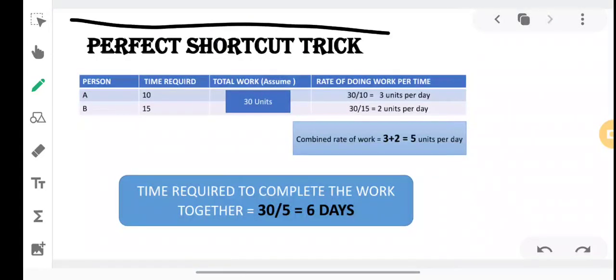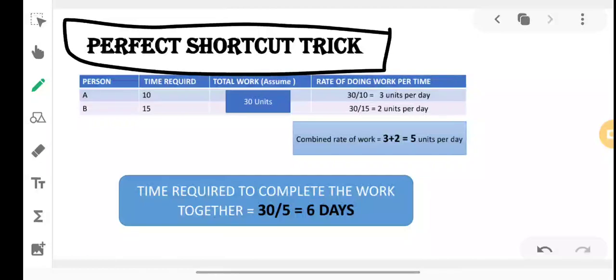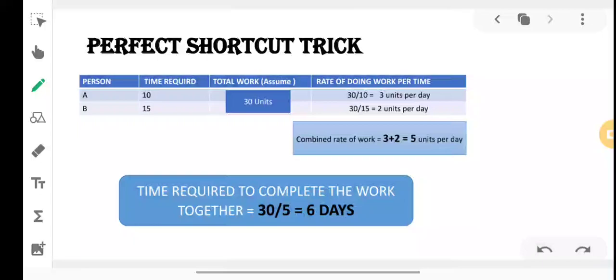Perfect shortcut trick. Listen here carefully and note down this trick so that you can implement it in exams to get results very quickly. Our problem statement is the same: person A takes 10 days to complete a work and person B takes 15 days. In the first column, persons, you should mention all the persons.